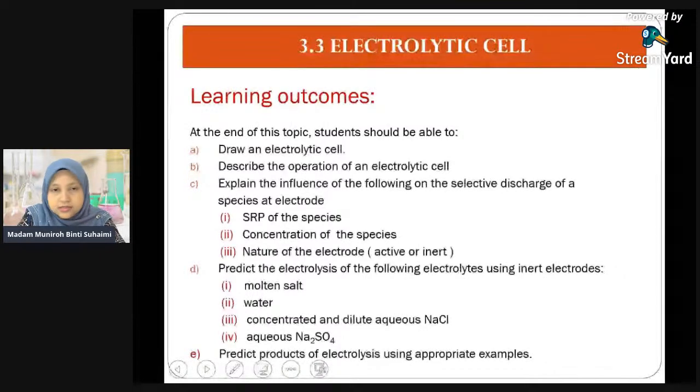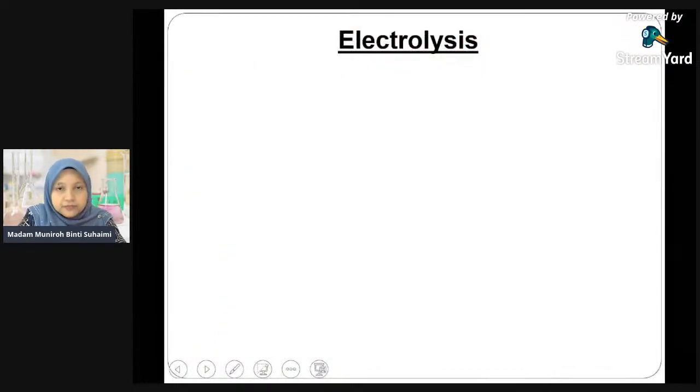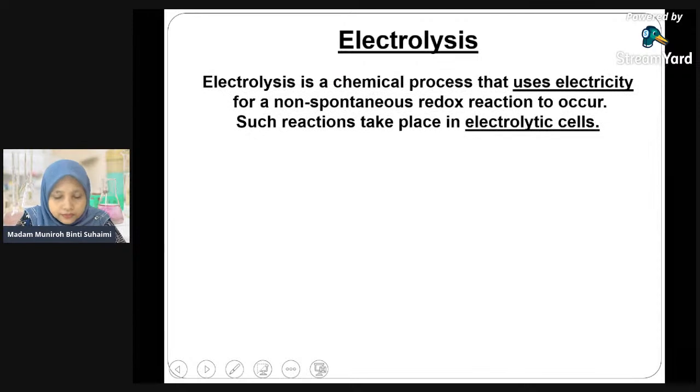Electrolysis. What is electrolysis? Electrolysis is a chemical process that uses electricity for a non-spontaneous redox reaction to occur. Such a reaction takes place in an electrolytic cell.